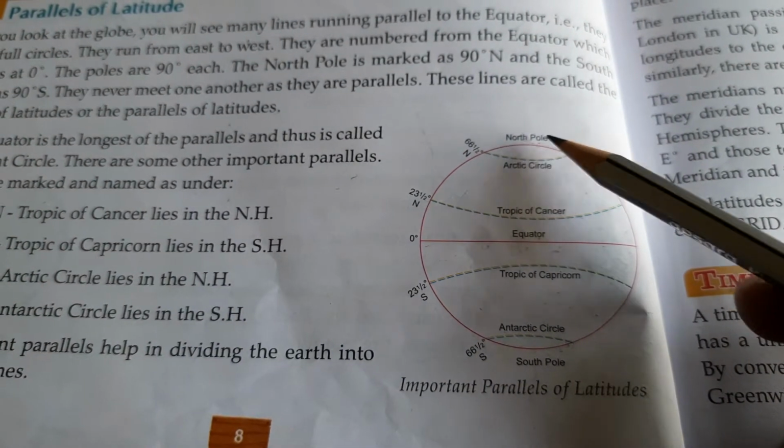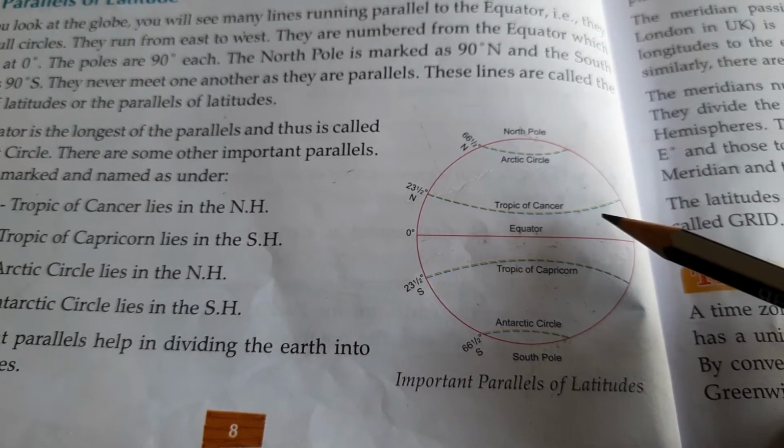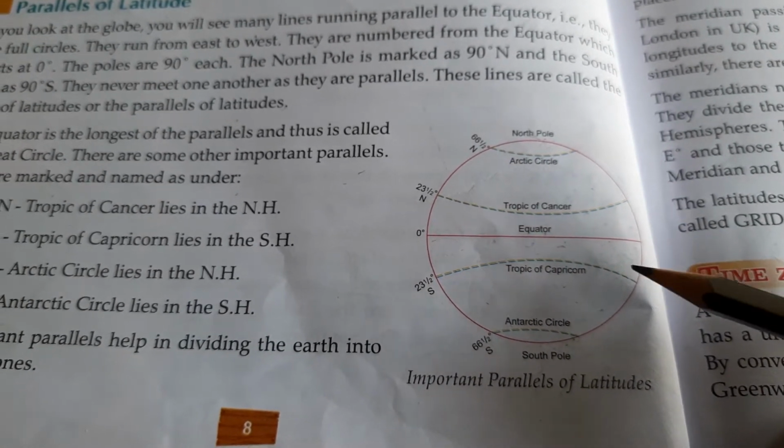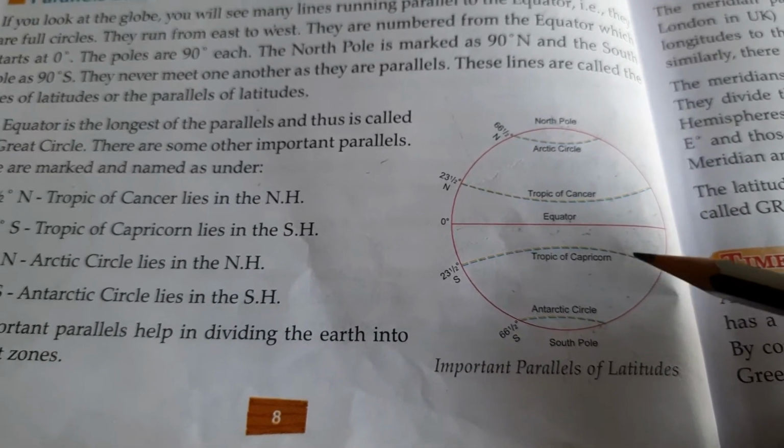These lines never meet one another as they are parallel. These lines are called the lines of latitude or the parallels of latitude.